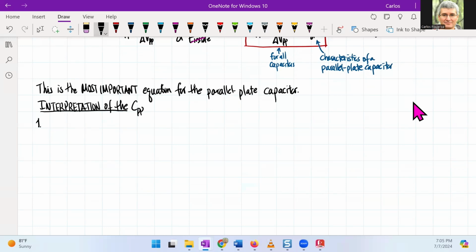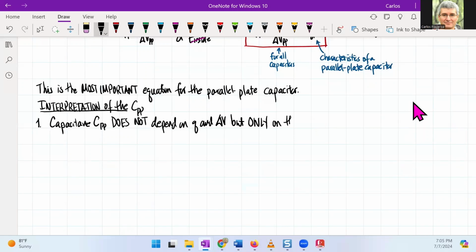So the first thing I want to focus on is that note that capacitance of the parallel plate capacitor does not depend on Q and the voltage, but only on the characteristics of the parallel plates.